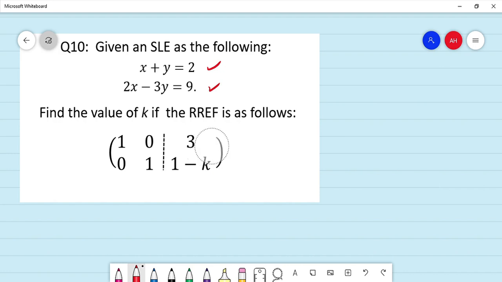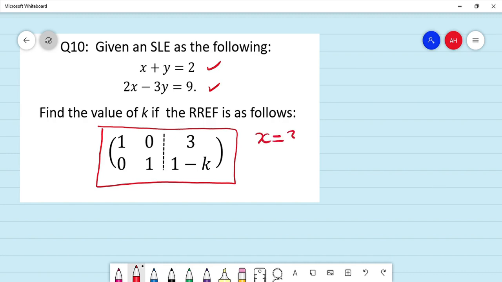But, okay, we know from this RREF that we can write down the solution from there. That is, we have x equal to 3, right? X equal to 3, and y is equal to 1 minus k.